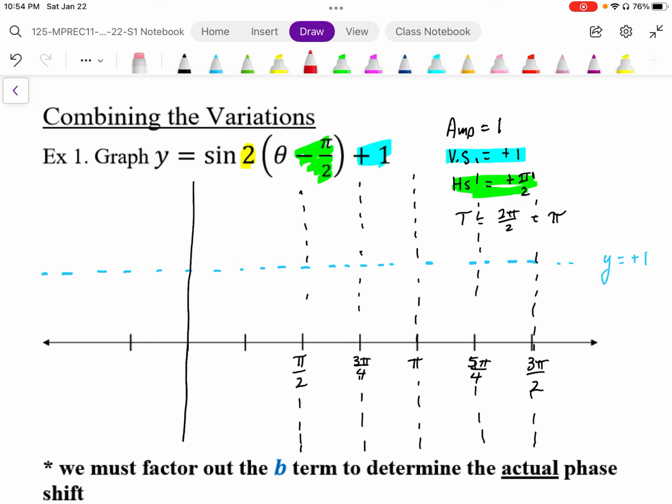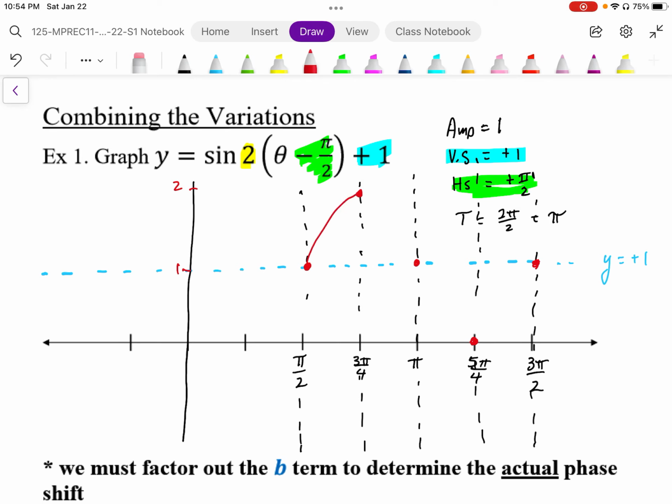Now I'm going to graph it. It's a sine graph, so it starts in the middle. I know it goes up 1. Okay, so that's going to be a value of 2, 1, and 0. It's going to go back down to the middle, down 1 from the middle, and back up to the middle. I've drawn in my reference points.